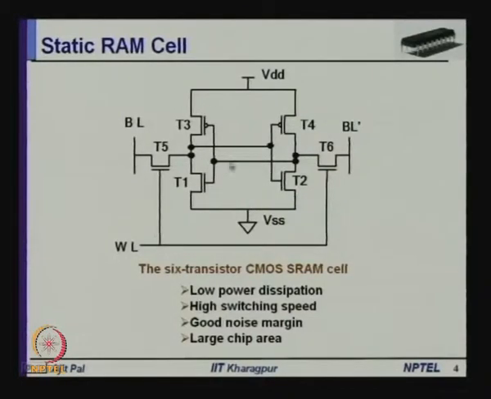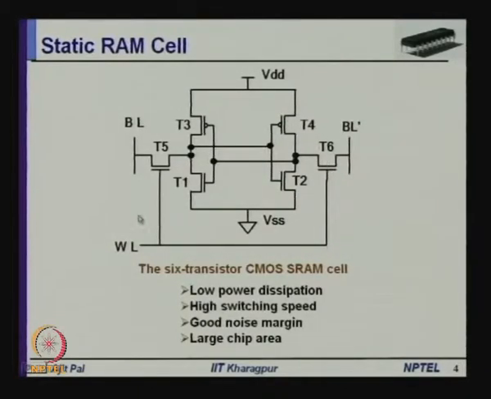So, you can see this is an inverter which is realized by using T1 and T3, and another inverter is realized by using T2 and T4, and the output of this inverter is connected to the input of this inverter, and output of this inverter is connected to input of the other inverter. So, they are connected back to back, and these two transistors T5 and T6 are used for performing read and write operations.